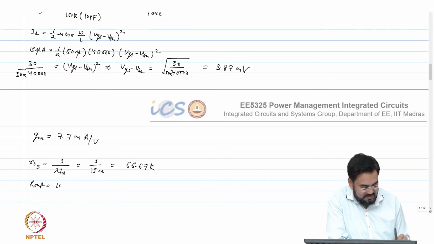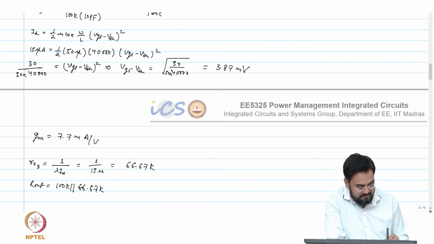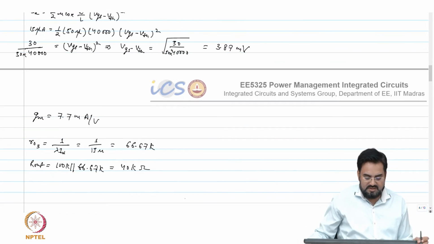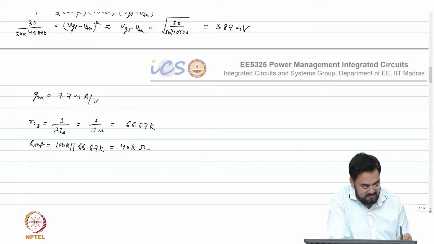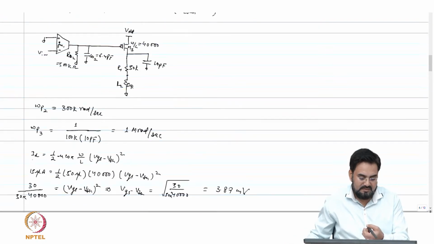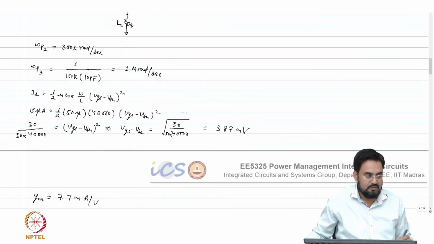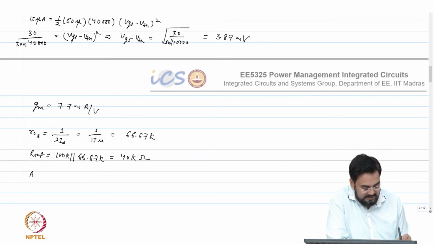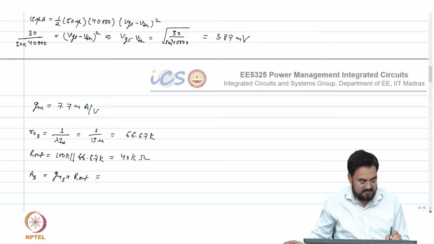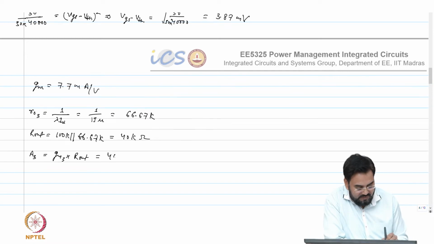So our R out is 100K parallel with 40K, so gm into R out. The gain of your output stage, let's say I call it A3, is gm3 into R out. 40 into 3.87.